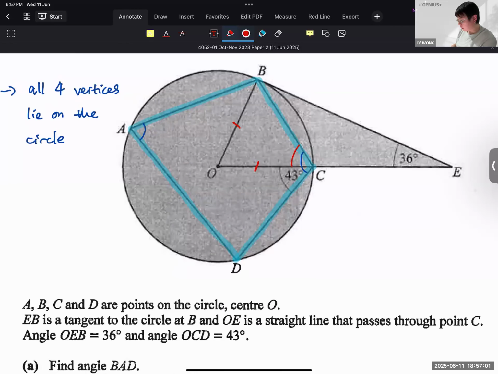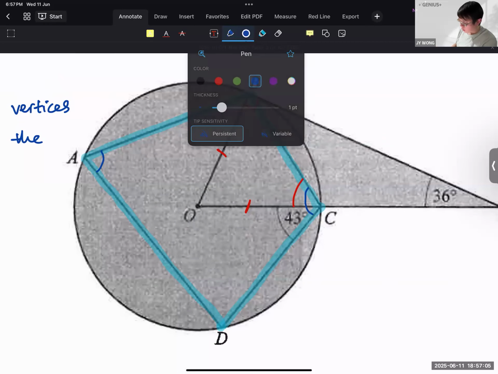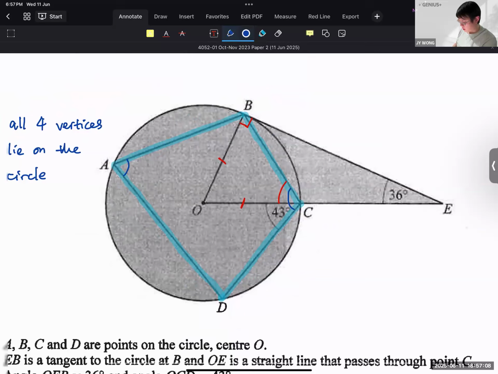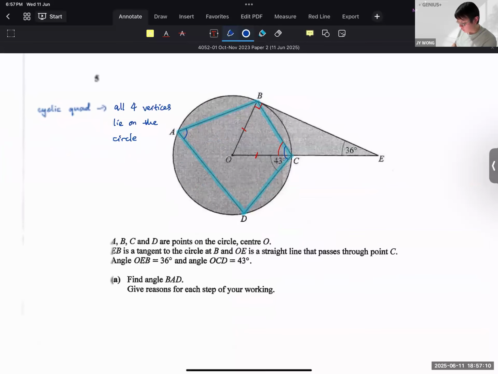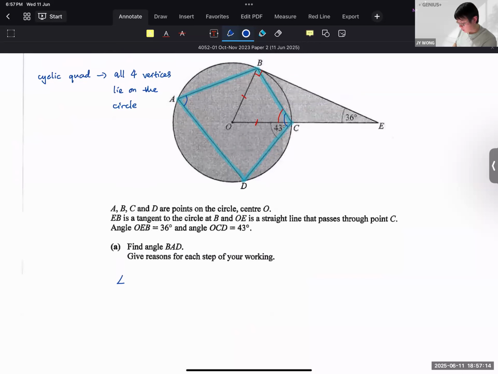We can first find this angle over here because they also gave you a tangent, right? So first things first, angle OBE is equal to 90 degrees because tangent perpendicular radius, right?